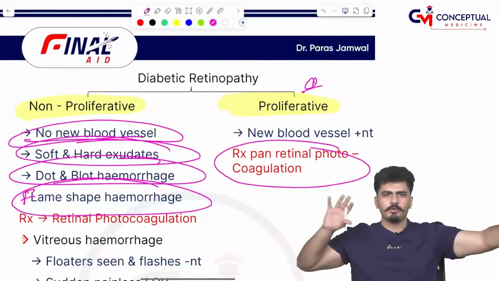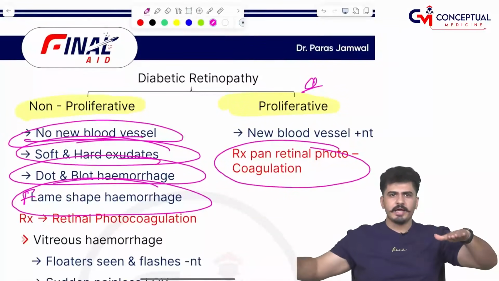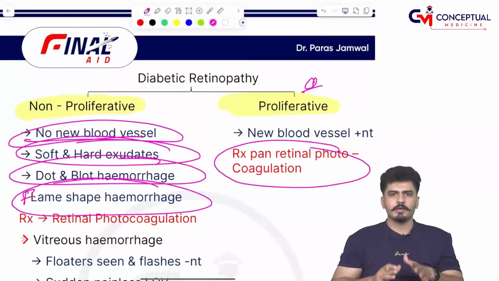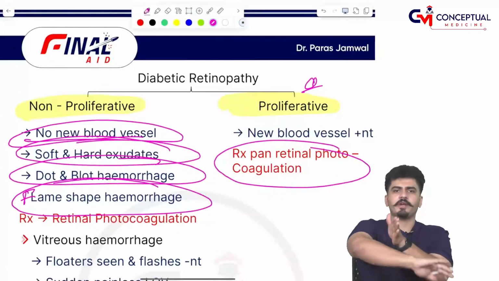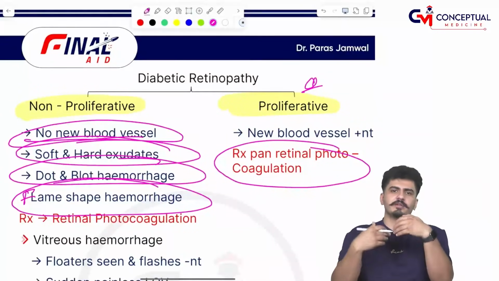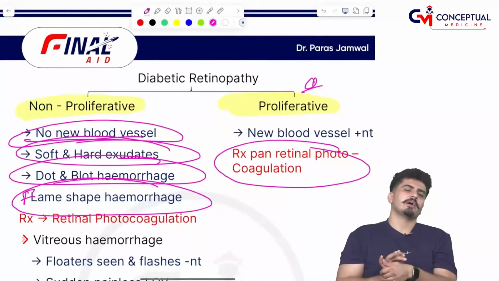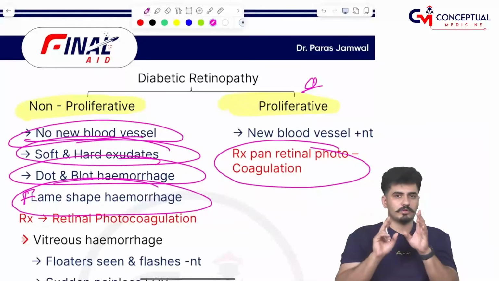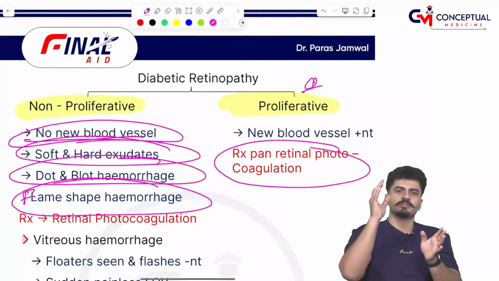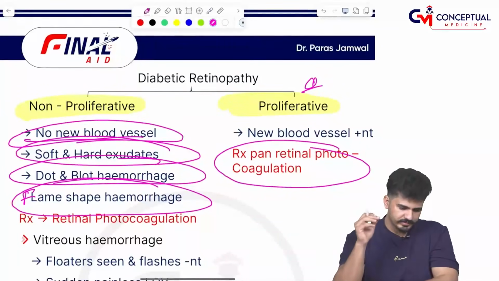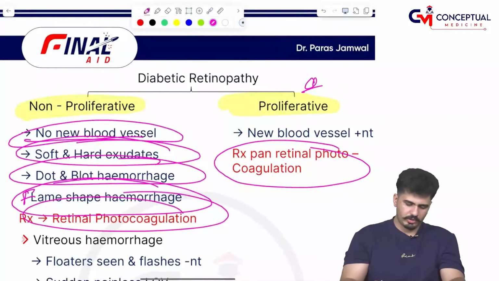New blood vessels are in proliferative, and the treatment is retinal photocoagulation.